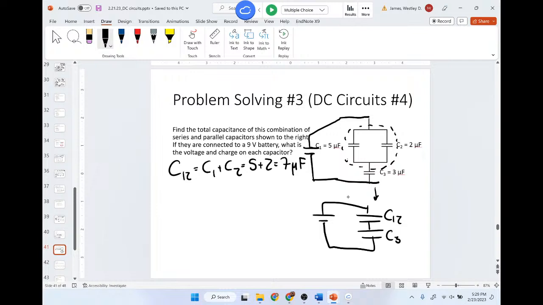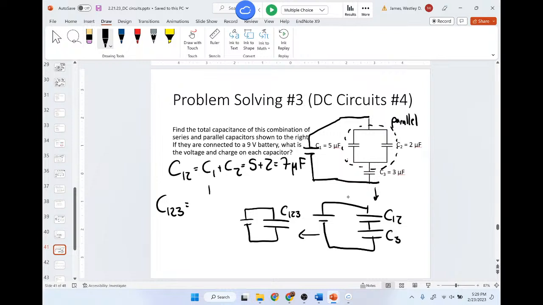Now they're in series. Bam. Now I need to combine C12 and C3, and I'm just going to draw that here. So I'm going to take my battery, and I'm going to combine those into one capacitor. We'll call that C123. They're in series.